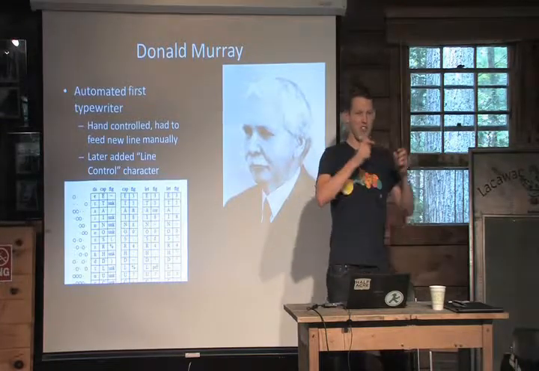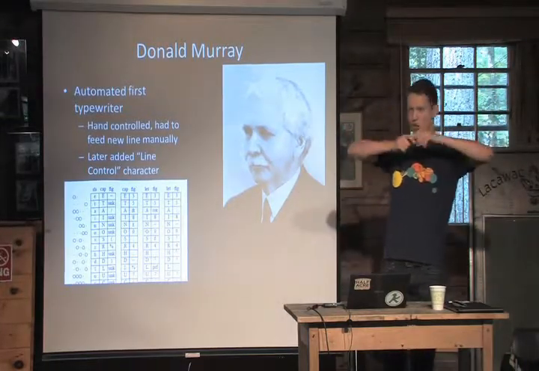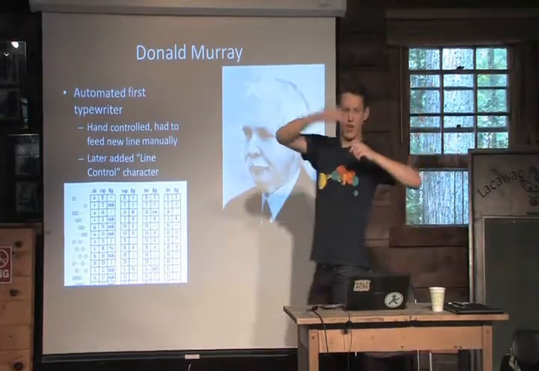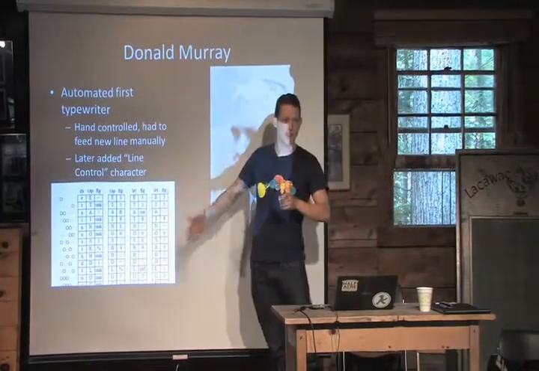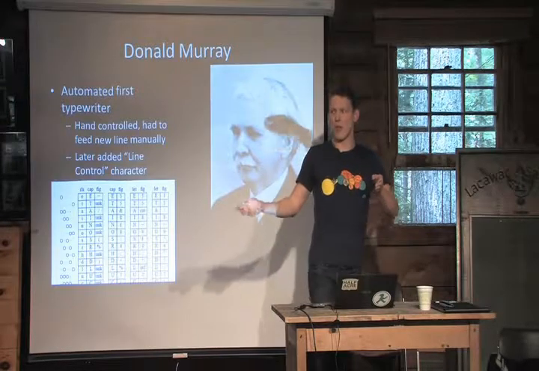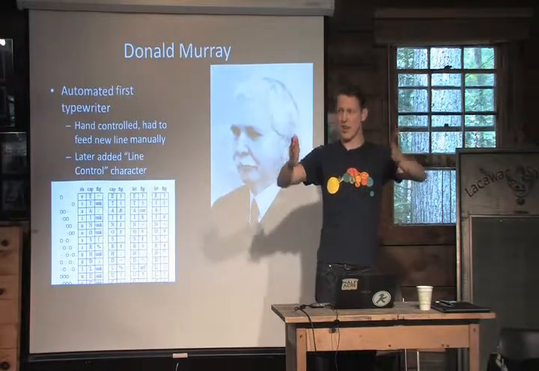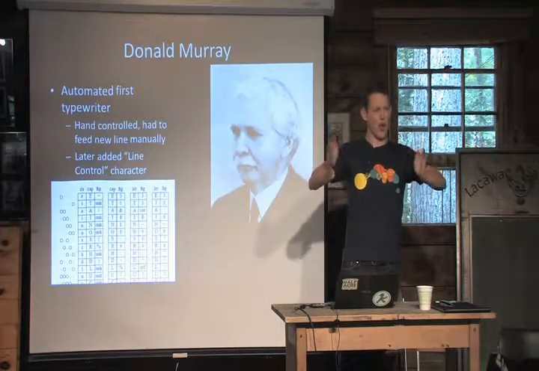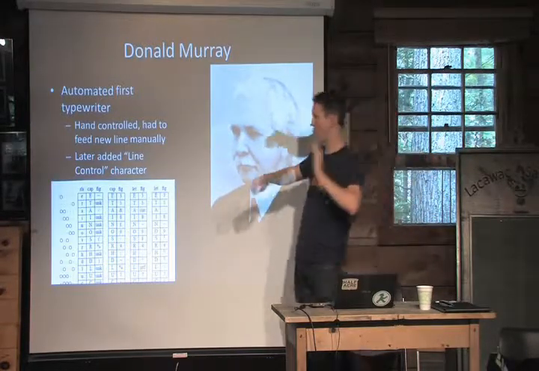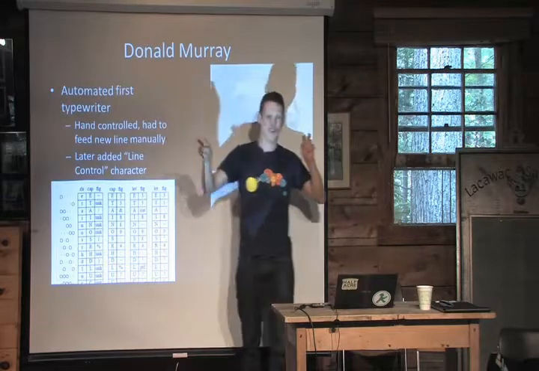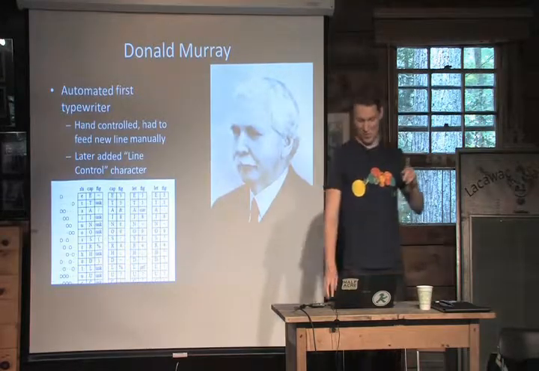Teletype originally just had a long strip, so the text would just come out, every character after another, with a space, and more characters. Then they made a machine that could print it out on a sheet, but they had no way to tell the machine that it should go to the next line. So they had to create what they called a line control character. And we'll see, this comes up in a bit.